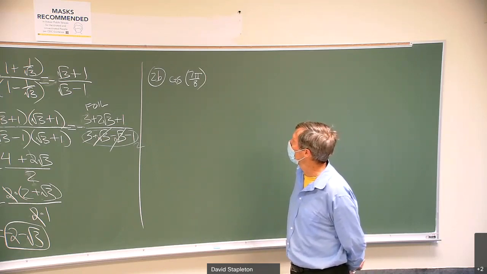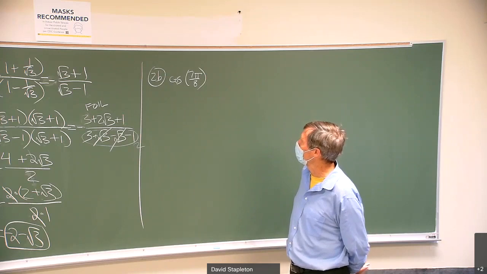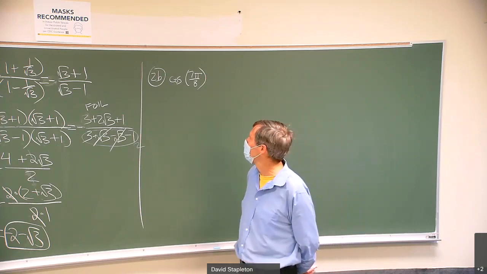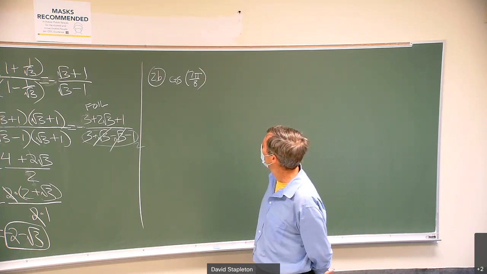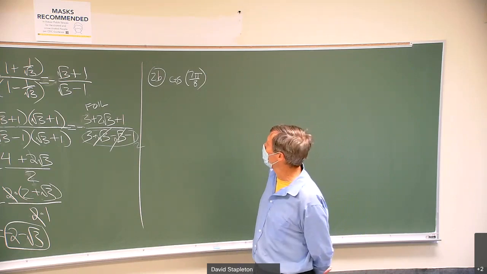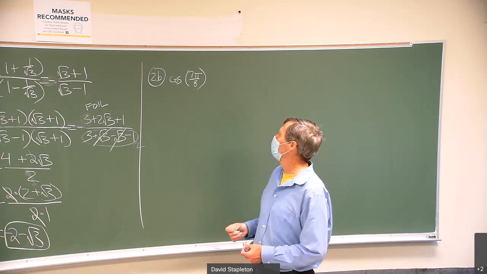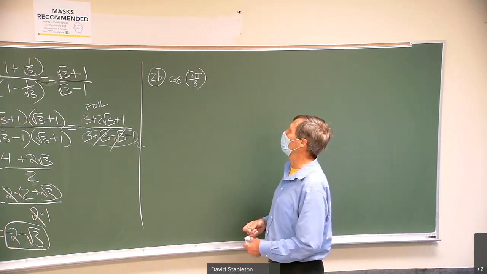So what do I do if it's not a multiple of 15 degrees, pi over 12? But I'm told I can do it exactly. The only other tool we have, this is where it's nice to have your cookbook, is the half angle.